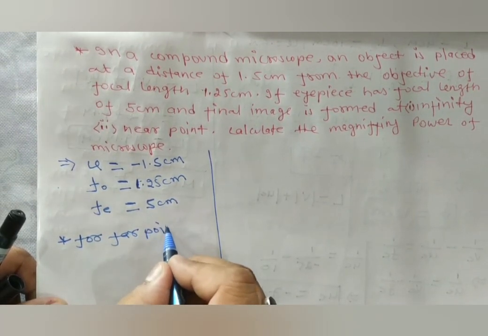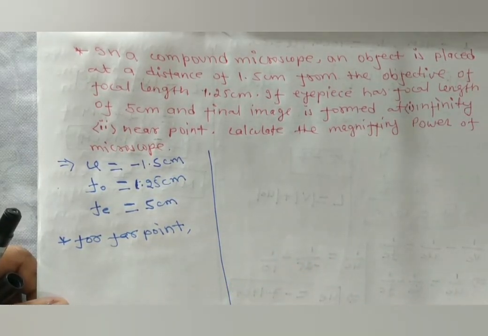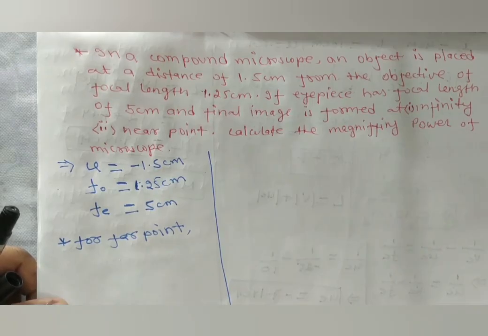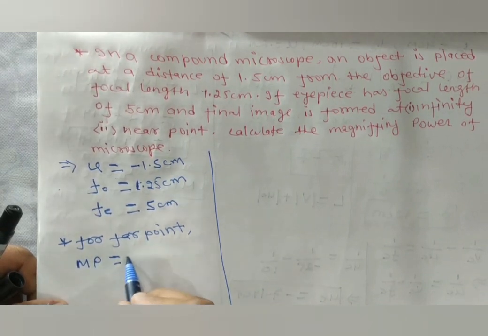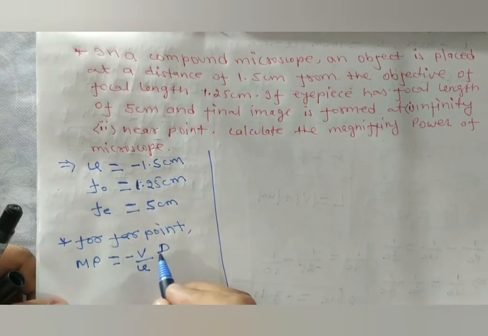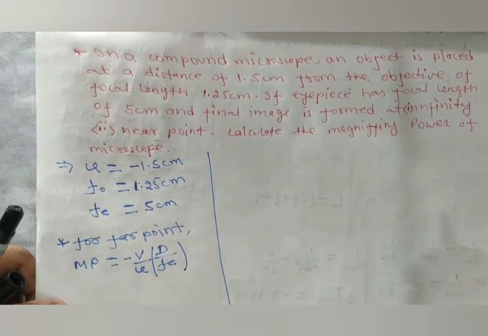Far point means when the final image is formed at infinity, then the formula will be minus V upon U into D upon Fe. That is, magnifying power will be minus V upon U and D upon Fe. This is for far point.